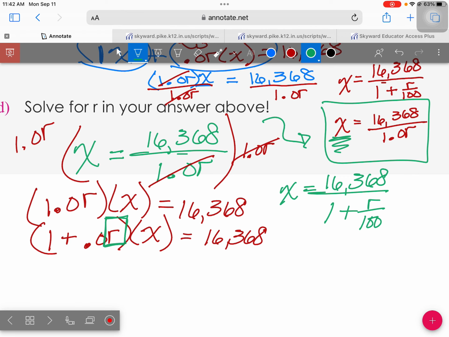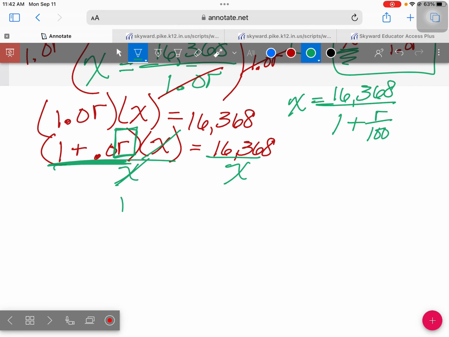Divide by x. Very good. These are 2 factors. This factor is joined together, so I'm going to leave that alone. Divide by x. Whatever you do on one side of the equation, you have to do on the other. The x's simplify out, and I get 1 plus 0.0r equals 16,368 divided by x. What would you do next?